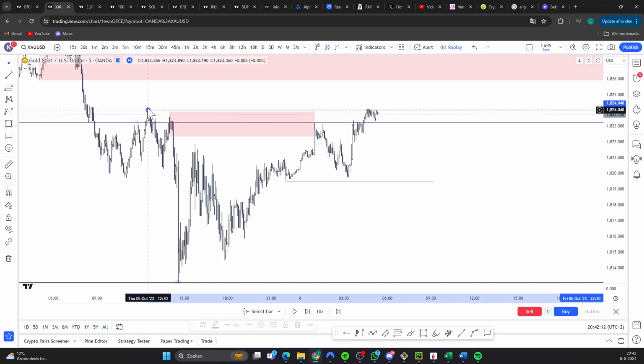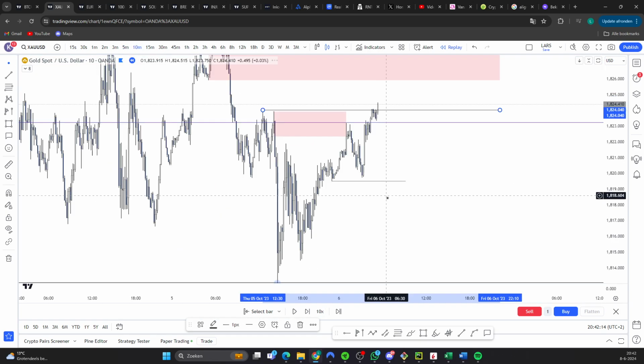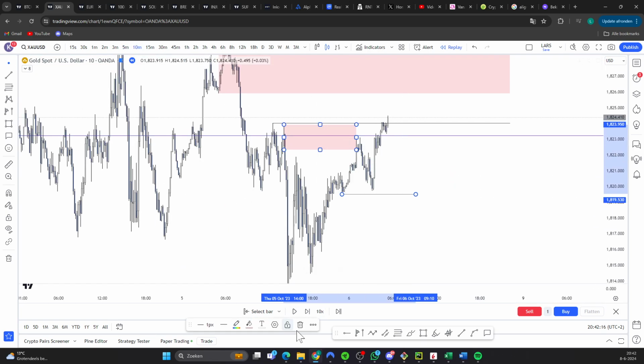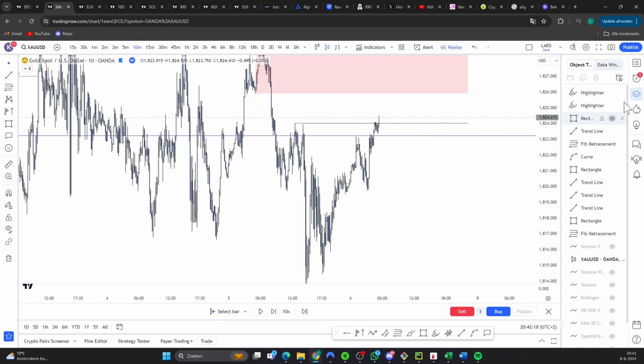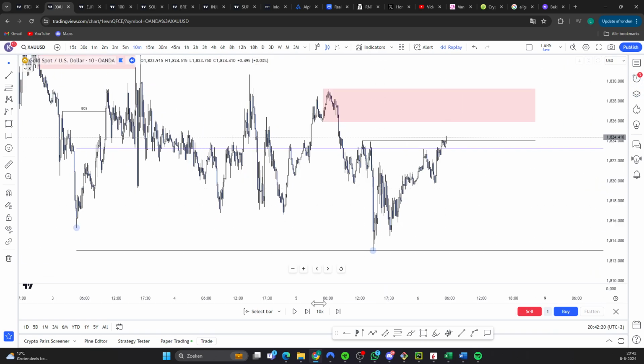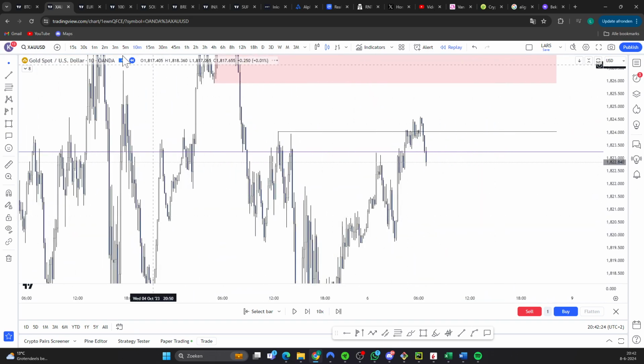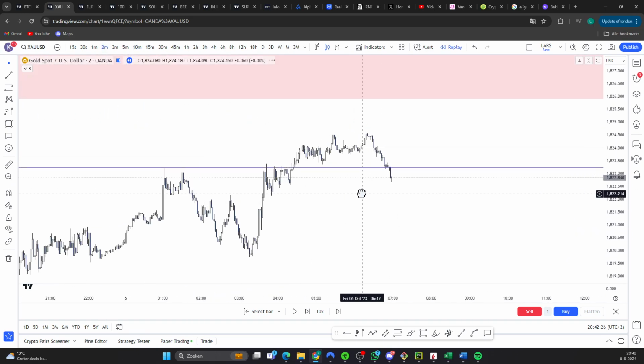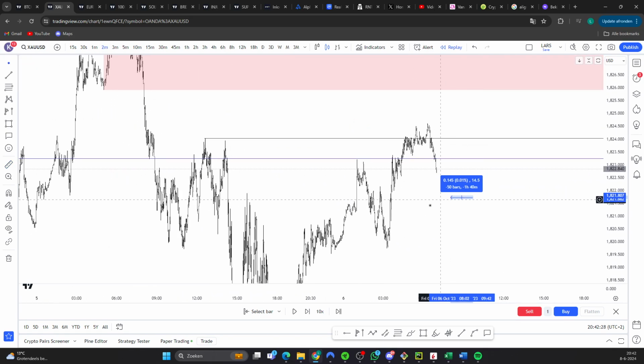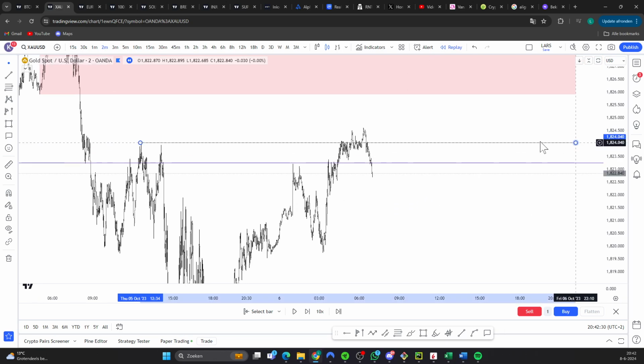There you took those equal highs. Kind of having its own little distribution going on there.